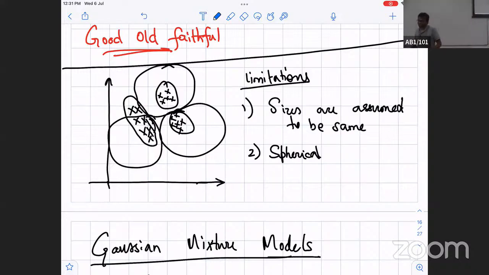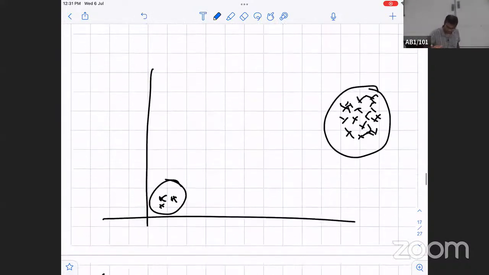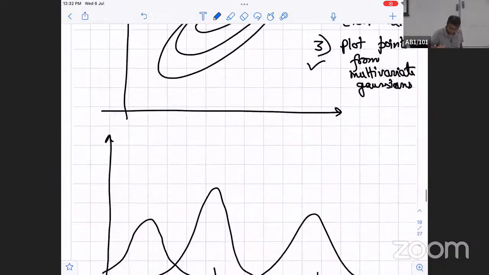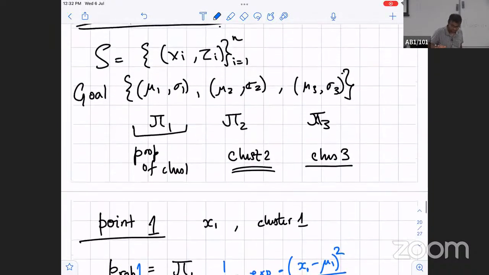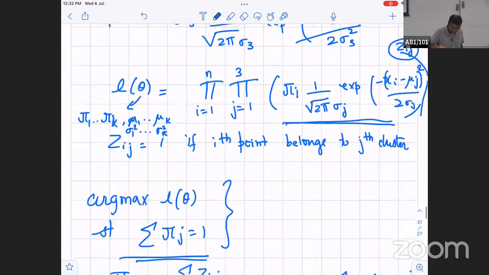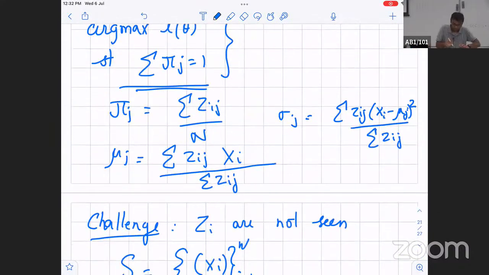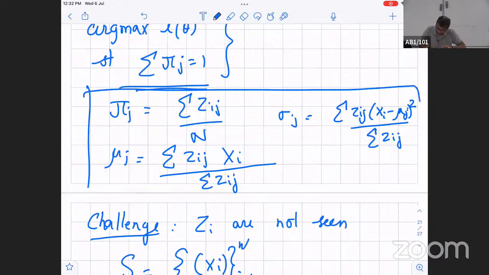Then we went down and assumed that suppose we knew these sigmas. If you know xi and zi, we showed this. I want you to particularly pay attention to these three equations.